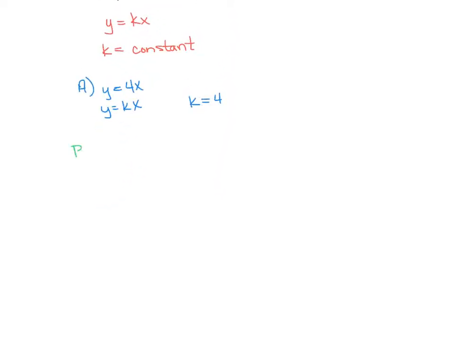B is negative 3x plus 5y equals 0. We have to put it in the form y equals kx before we can find k, which means we have to solve for y. We get the 3x to the other side by adding, and these cancel.